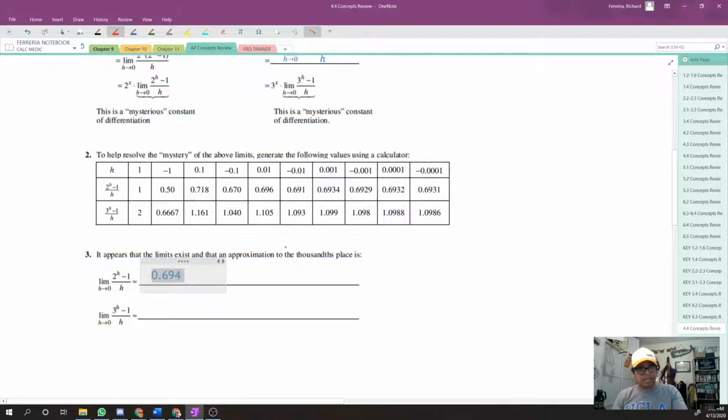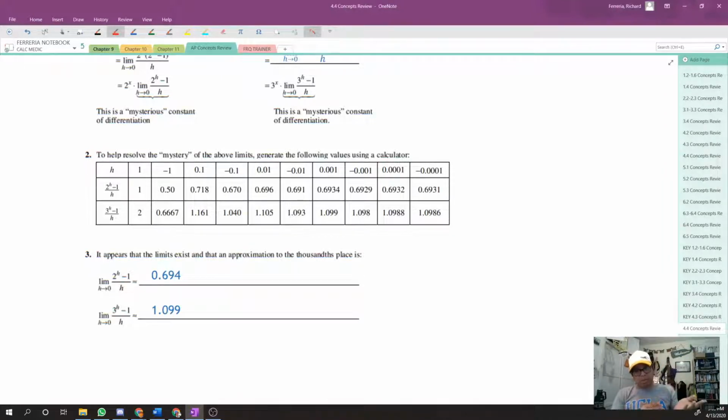I think I called that 0.694. Over here, when h approaches 0, it looks like 3 to the h minus 1 over h is going to be about 1.098, 1.099. Okay, so those are those numbers.